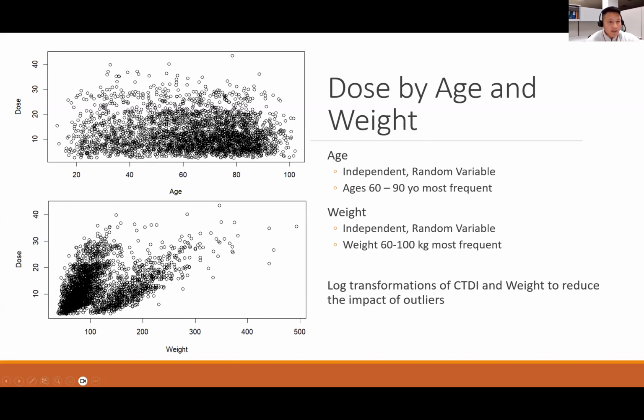Whereas in the bottom graph, dose versus weight, most of the patients are within a normal body habitus, around 60 to 100 kilograms.